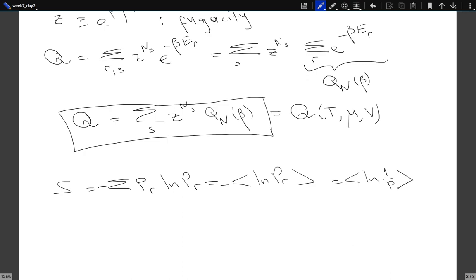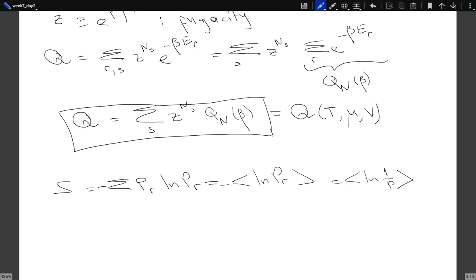This is the entropy, whatever your system is. Canonical, grand canonical, or you can even use this to measure the information in your system. In information theory, this definition of entropy is also used.